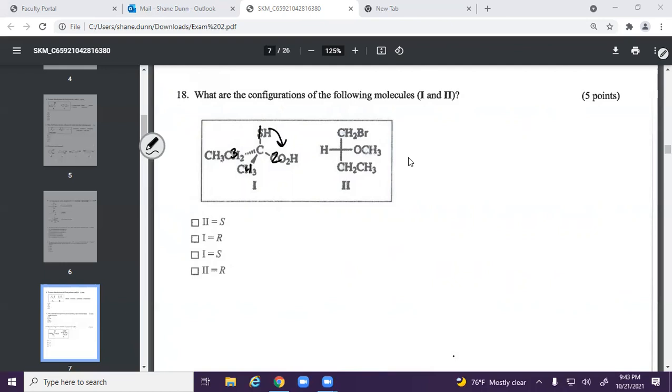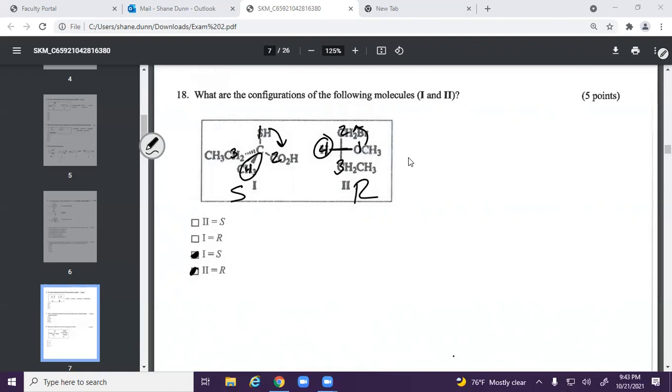Which would be R, but since our number 4 is wedge, it's the exact opposite. So it's S. So 1 is S, correct? We have 1, 2, 3, and 4, going backwards. Remember, these guys right here are wedges. So number 4 is also wedge, so the exact opposite. So normally S is now R. So it's S, R.